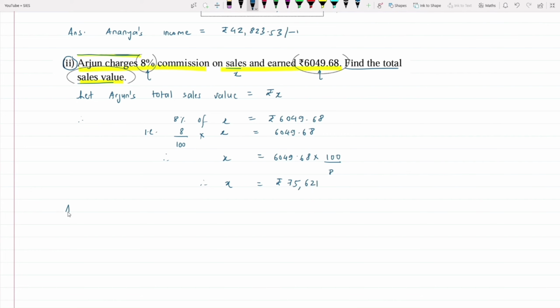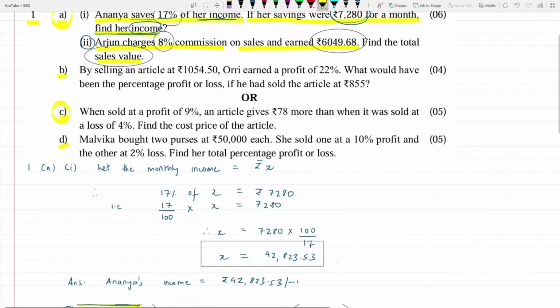And again, we need to address the final question. We were asked to find the total sales value. So we will say that Arjun's total sales value is equal to 75,621.